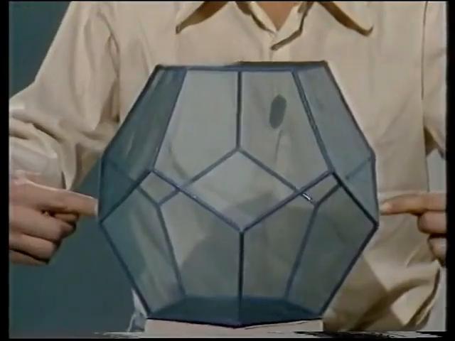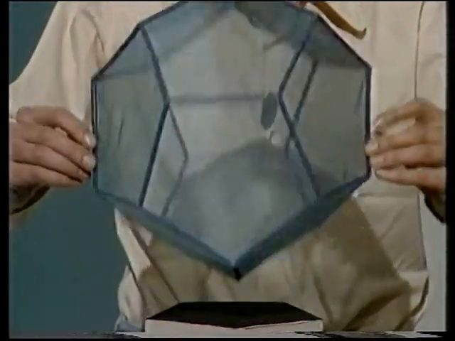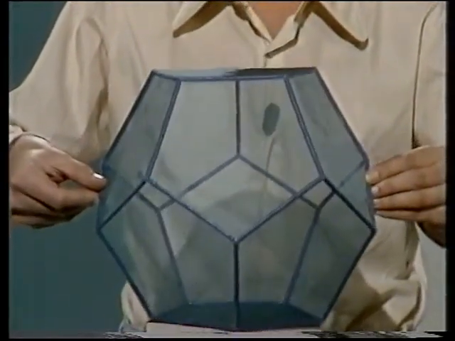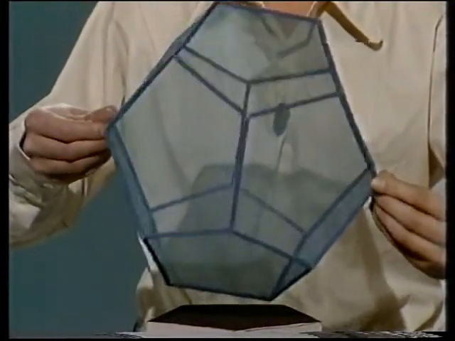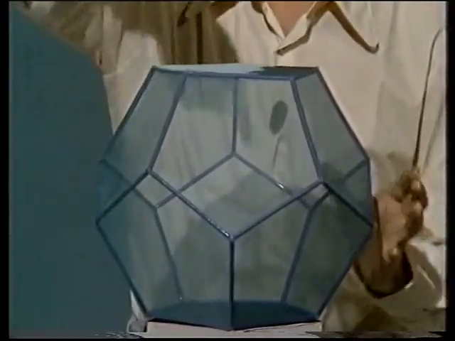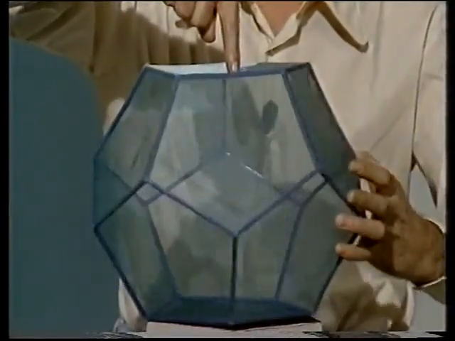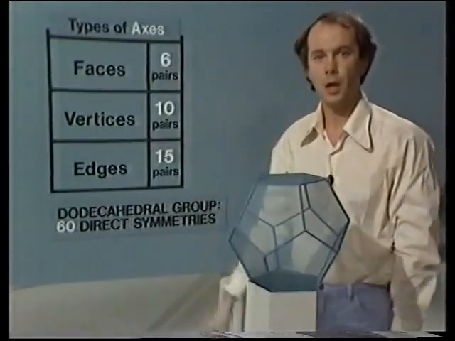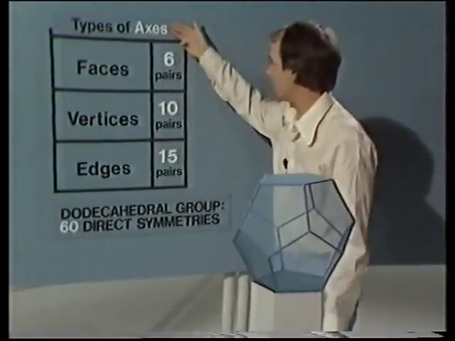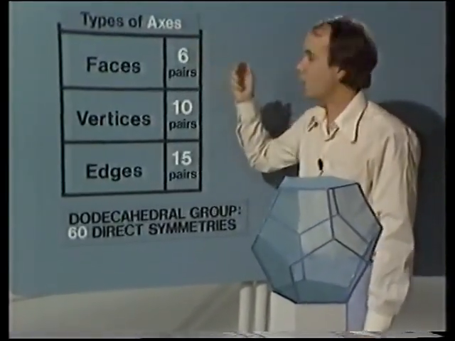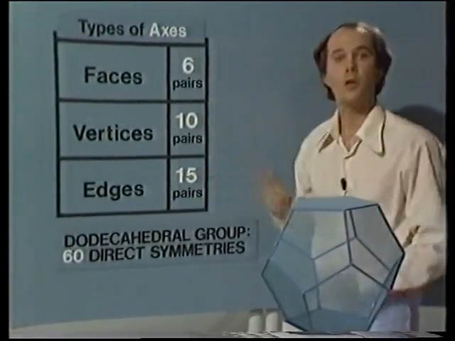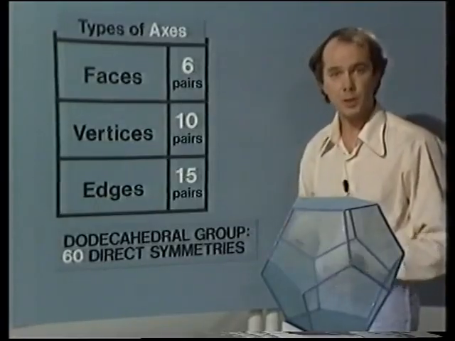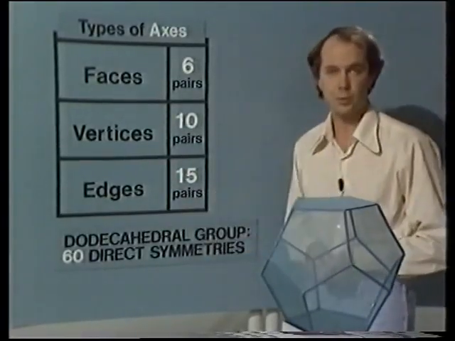Through the midpoints of opposite edges, through opposite vertices, and through the midpoints of opposite faces. And these 3 are the only types of axes of rotational symmetry. Exactly 6 different axes of this type, 10 of this, and 15 of this, 31 altogether. But between them they account for all 60 elements of the group.